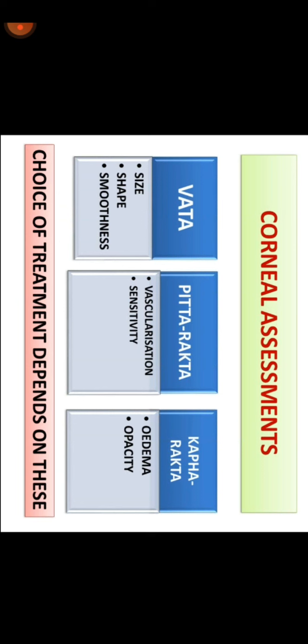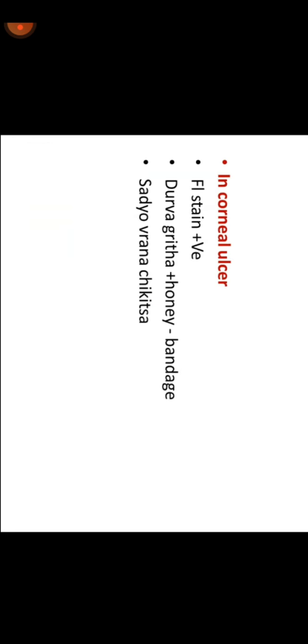But if a patient has a mild form of corneal ulceration, we cannot do the anjana karma. That means if the Pitta Rakta involvement is there, the patient cannot afford the lekhananjana or any type of anjana. So by this presentation, understand the dosha and dushya and manage the condition accordingly.